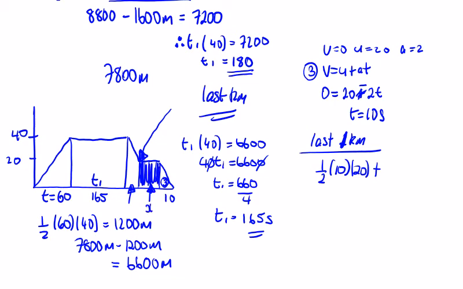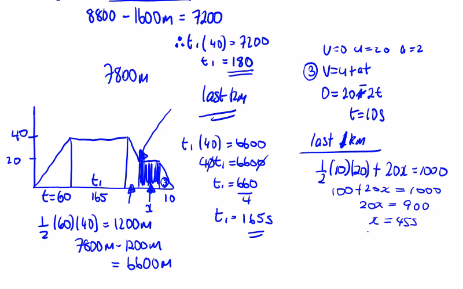We'll call the bottom of it x, and so we have 20x. That's going to be my 1000. So 100 plus 20x is 1000. 20x is 900. So x is equal to 90 divided by 2, which is 45, and that's seconds for me.